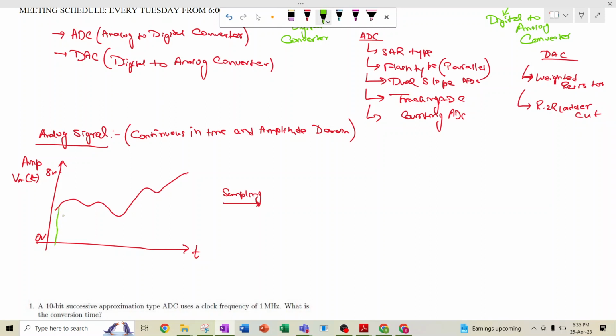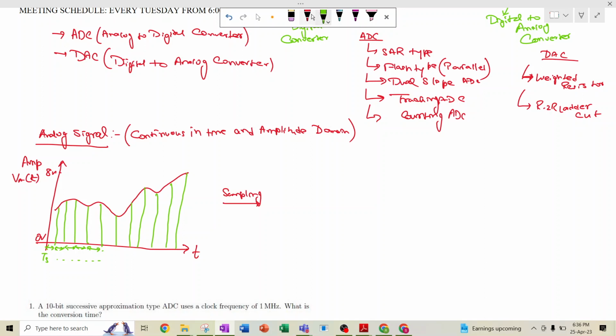Suppose we sample here, then here, then here, and like that we keep sampling. Suppose the sampling time is Ts. So after each Ts we sample the signal and get the amplitude of the signal. This is repeating.